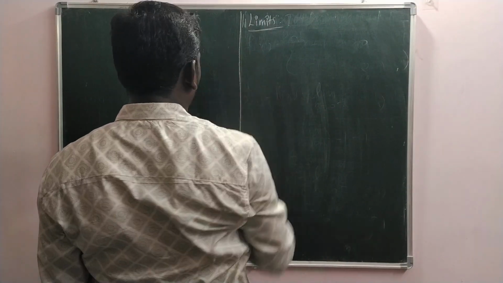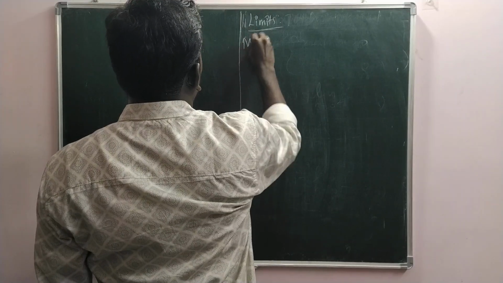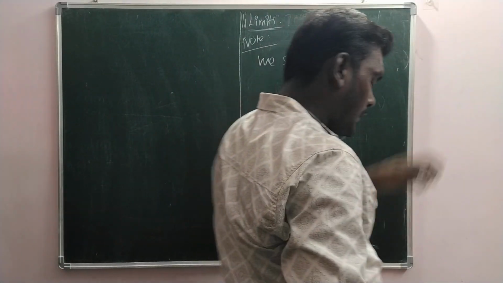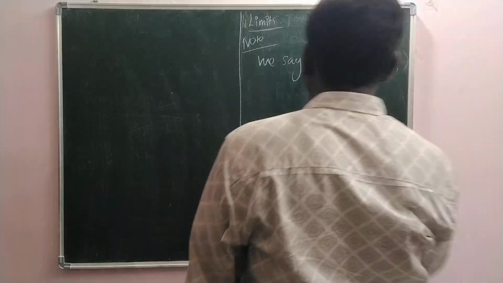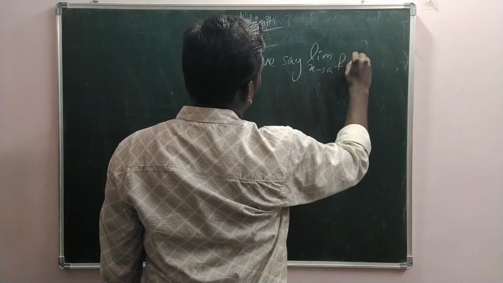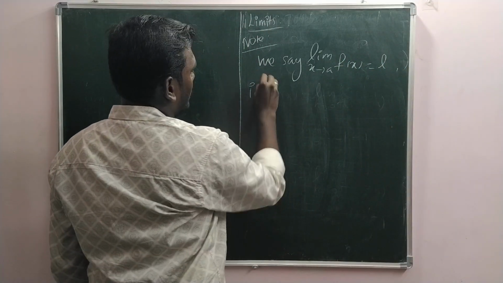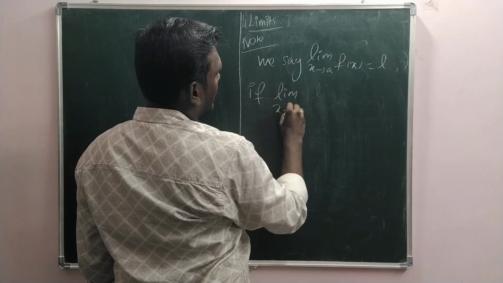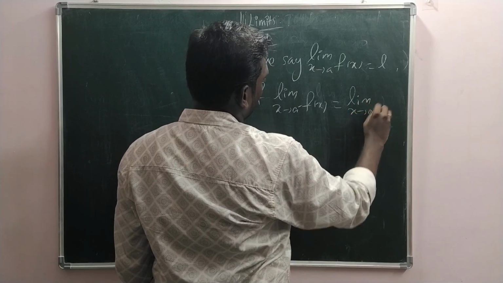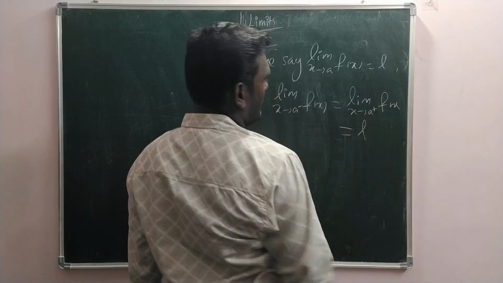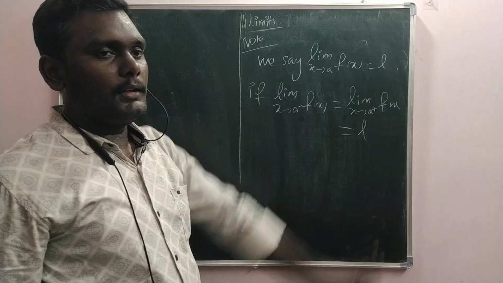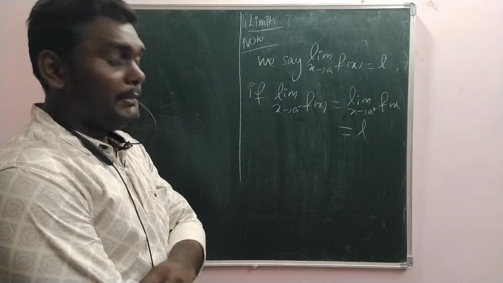Like a note or definition, whatever it is, we say f of x is approaching, as limit x tends to a, f of x is equal to L only if both the left limit and the right limit approach L. Suppose they are not equal, like in the previous case, plus 1 and minus 1 coming, we say it does not have the limit; the limit does not exist.